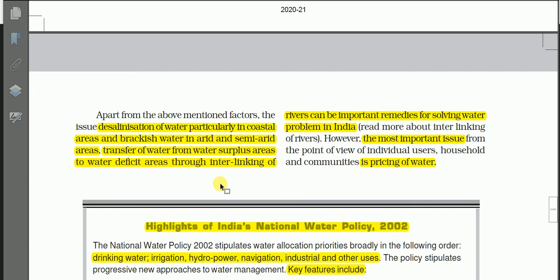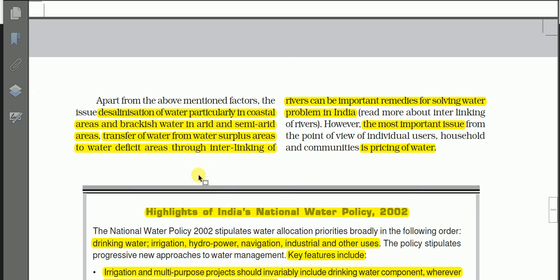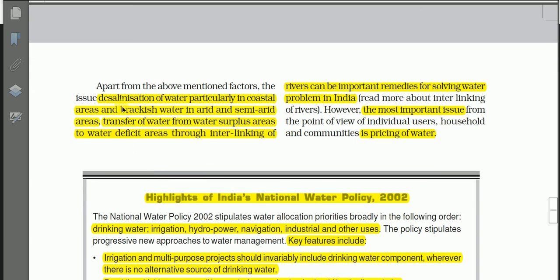We have also already discussed desalinization of water, particularly in the coastal areas, then brackish water in the arid and semi-arid areas, then transfer of water from water surplus areas to water deficit areas through interlinking of rivers, which can be important remedies for solving the water problem. Actually, this is the conclusion part of the lesson.